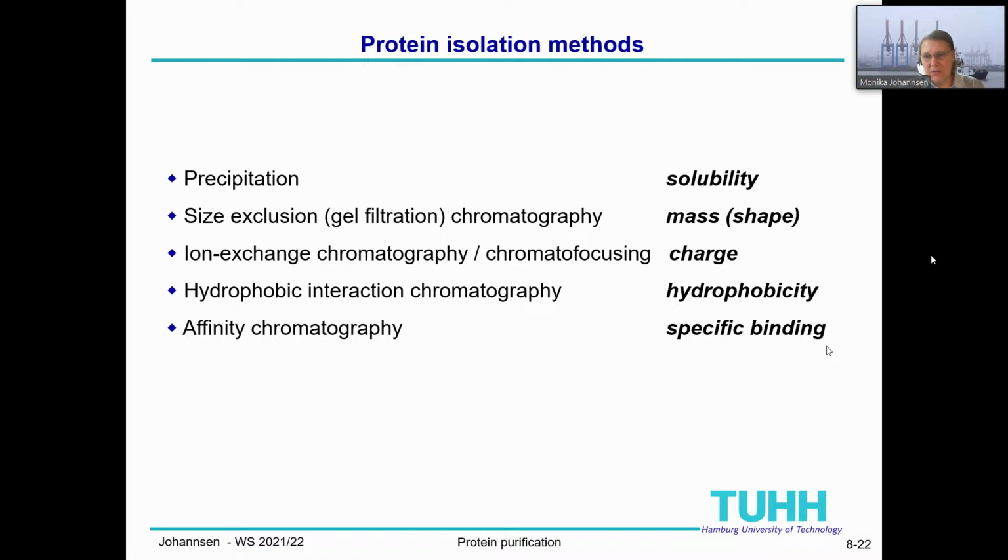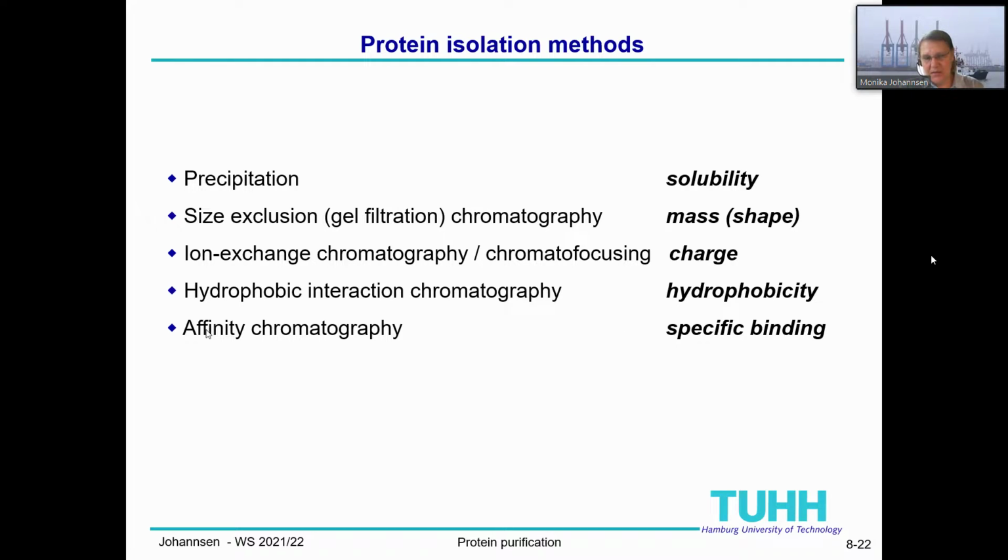So, for example, the solubility can be used for the selective precipitation of proteins. Different mass and shape can be used in size exclusion chromatography. The different charge of the proteins can be used in ion exchange chromatography. The hydrophobicity, as the name already says, can be used in hydrophobic interaction chromatography.